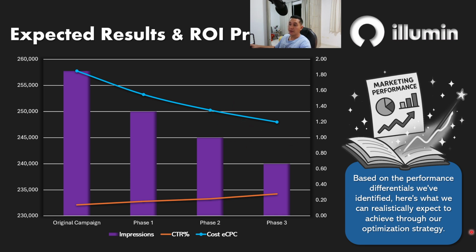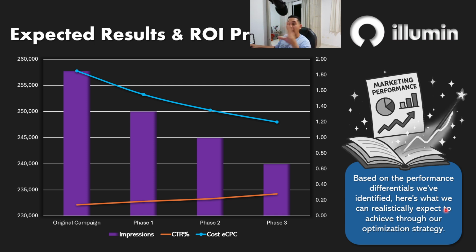Now on phase three, we complete the optimization, when we finally combine the gender rebalancing and the creative format adjustments with the geographic and demographic adjustments, but also with the hour parting and day parting adjustments.